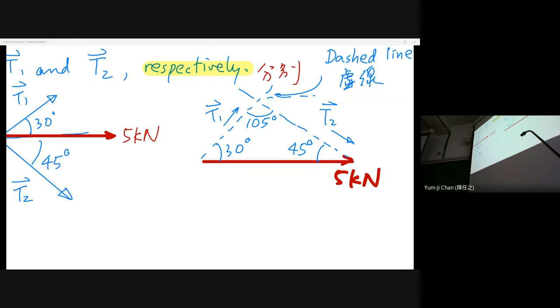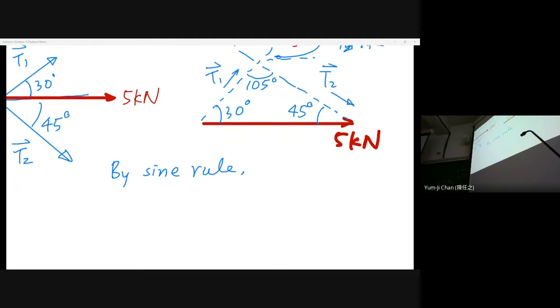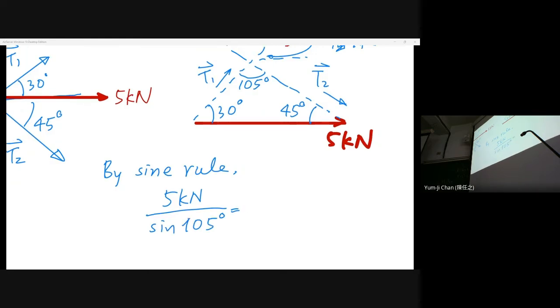Now we go on, and to solve this problem we simply use the sine rule. So 5 kilonewton over sine 105 degrees is equal to T1 over sine 45 degrees and equal to T2 over sine 30 degrees.